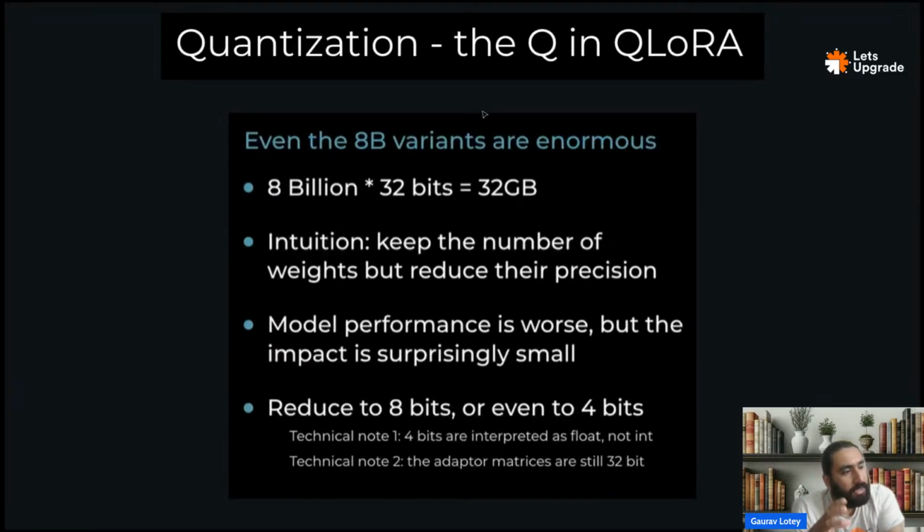So to keep the number of parameters but to reduce the precision, that's the idea where it comes in. Even if we reduce the precision to 8 bits, or even 4 bits, we can still retain all the weights but at a smaller size. There is a variation in LoRA which is known as QLoRA.